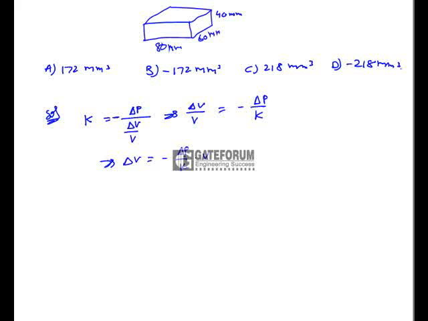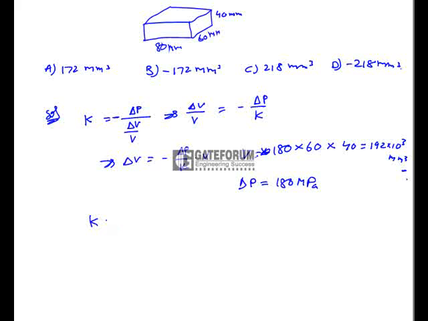So here it is subject to hydrostatic pressure of 180 megapascal and the volume is also a known value, that is V is equal to 80 into 60 into 40, which is equal to 192 into 10 cube mm cube. So this is the volume of the member, and the pressure acting on the member is 180 megapascal.